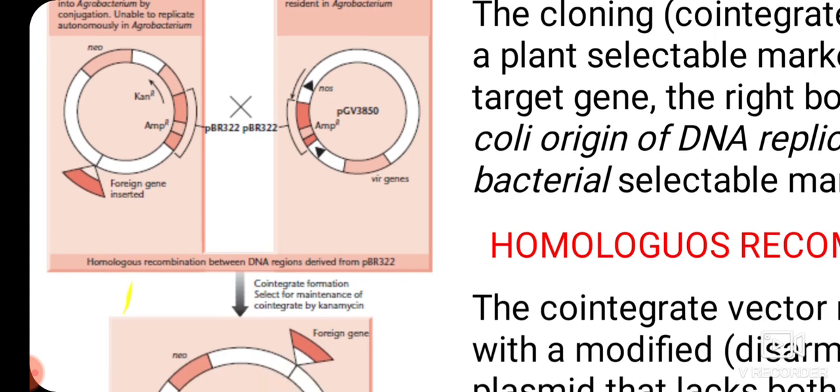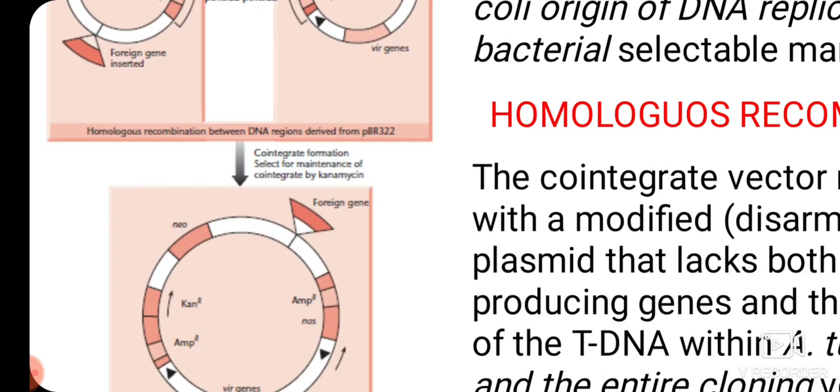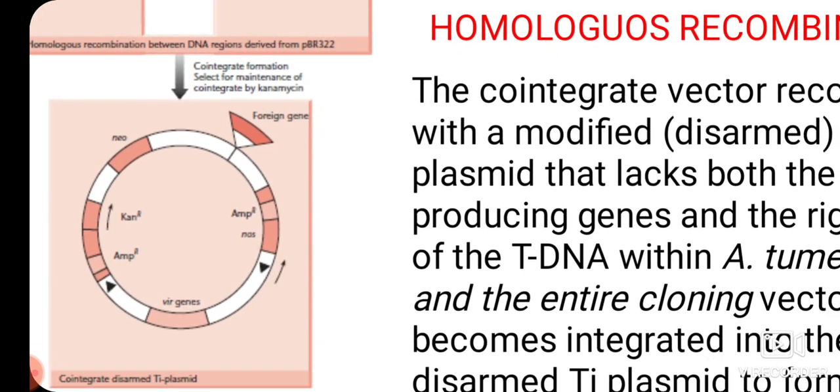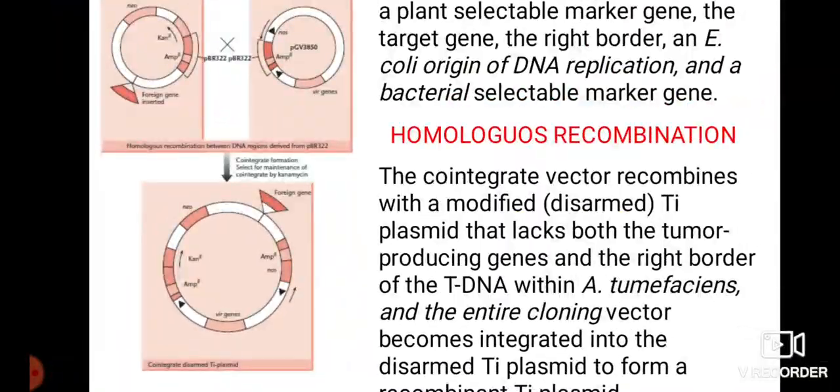Now both were introduced into the same bacterial host. When they are inserted into the same bacterial host, they undergo homologous recombination, when the co-integrate vector combines with the modified disarmed TA plasmid, which lacks the tumor producing genes.